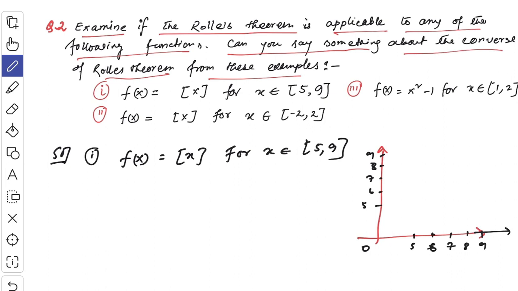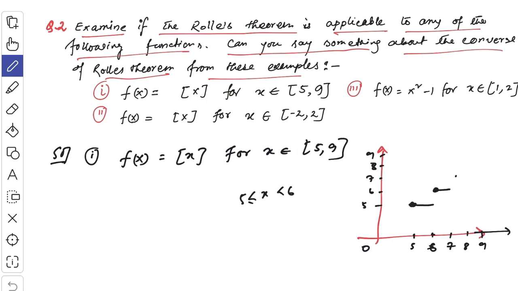Here you see, as it is the greatest integer function, for any value which is greater than or equal to 5 and less than 6, it remains 5. So the graph should be something like this. Similarly, if x is greater than or equal to 6 and less than 7, then it will be here.